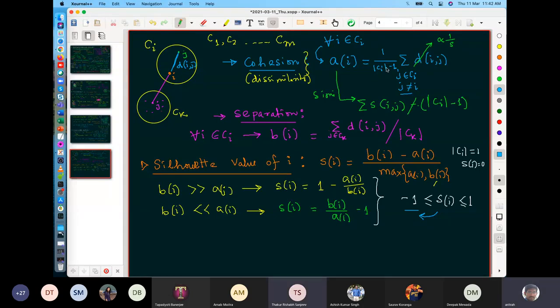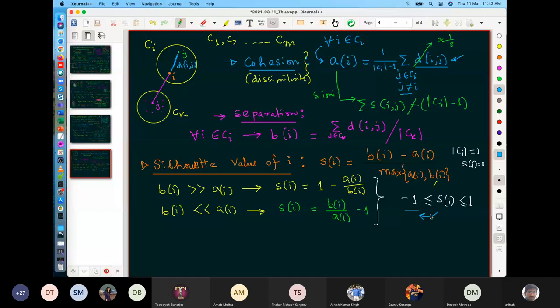If my a_i, with respect to distance, is far more than my b_i, it means my cohesion is bad. And it was not well separated either, because b_i is very small and a_i is very high. So my cohesion is bad and b_i is less. That means this point should not be in this cluster, but should come in the other one.